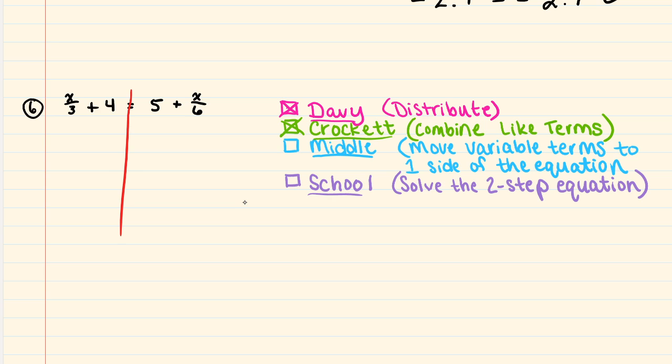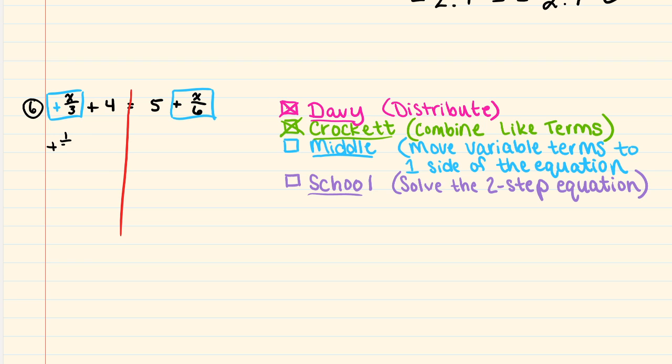We'll move straight into move variable terms to one side of the equation. So I've got a variable term here and a variable term here. I know it's written as x divided by 3, but I think of it like positive, oops, that doesn't look good.